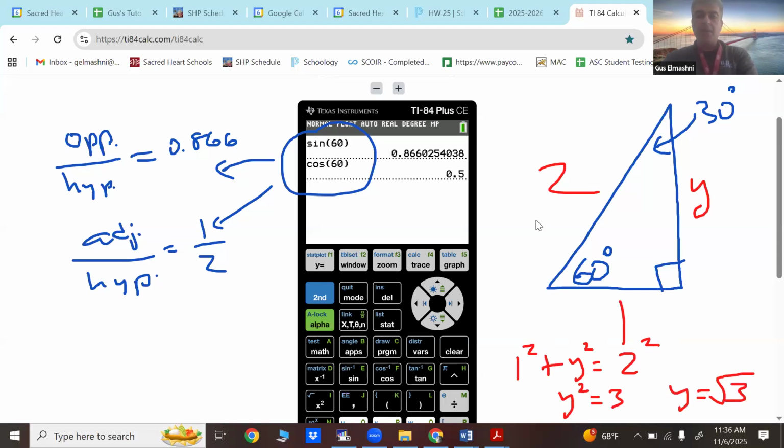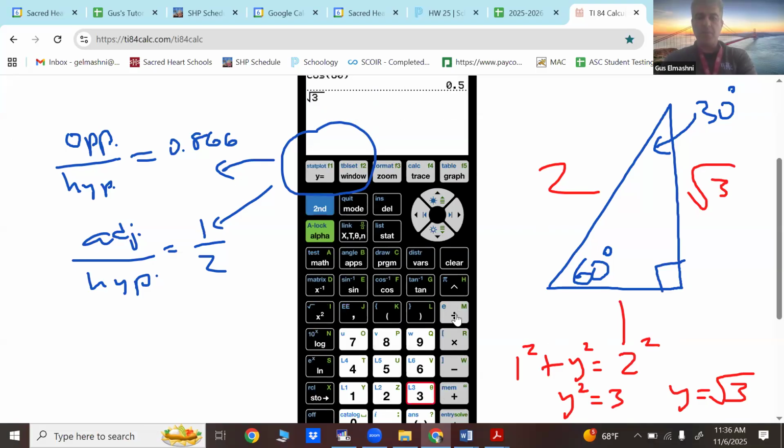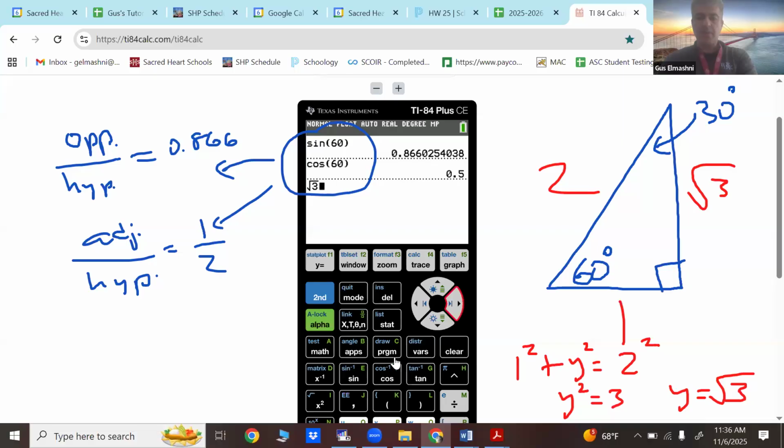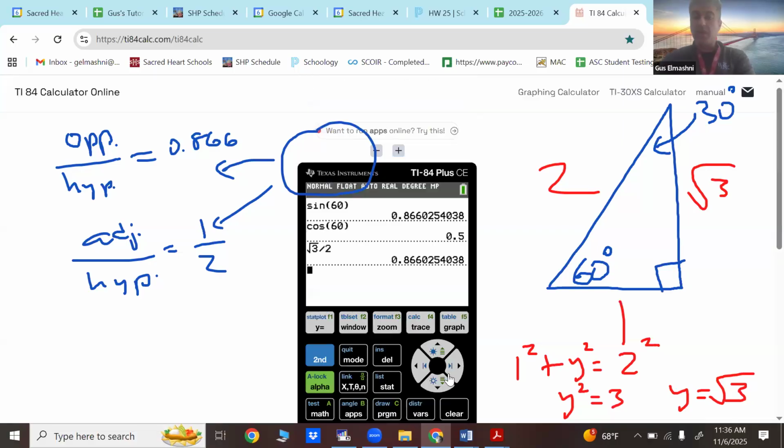And it makes sense, because if I do root 3 over 2, square root of 3 divided by 2, you actually get the same thing as sine 60. So that's what this is. These are just ratios of sides, depending on the angle that you're given.